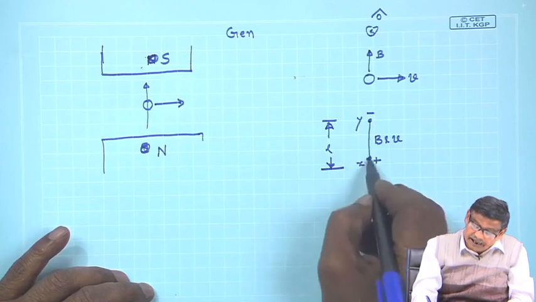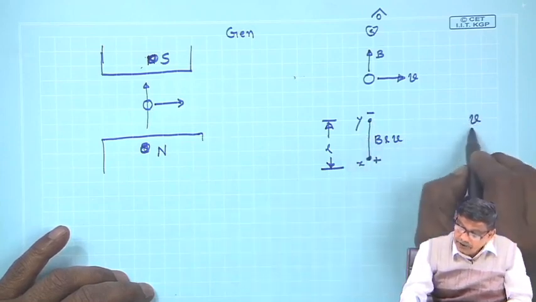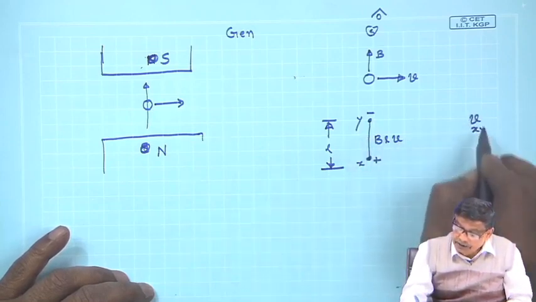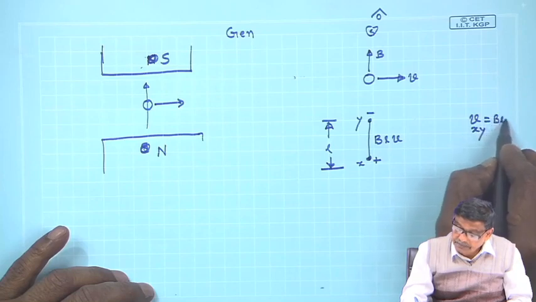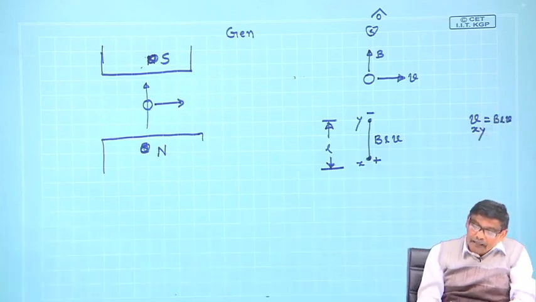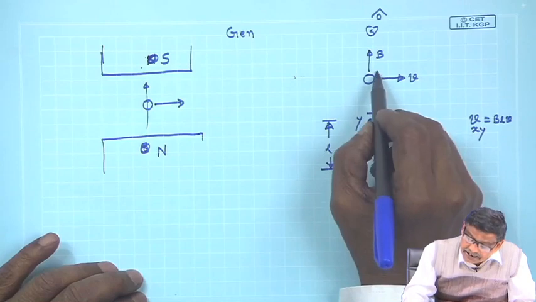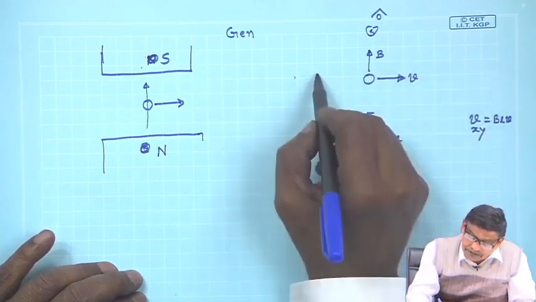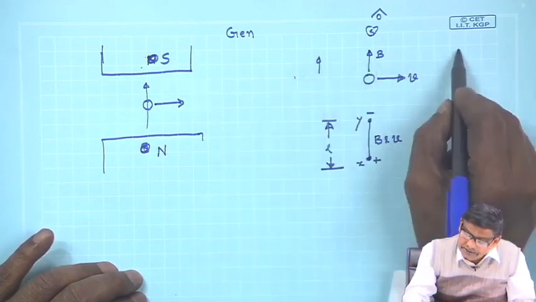So, potential of x with respect to y terminal is BLv. Okay. And this B is present all along the space, everywhere it is B like this.